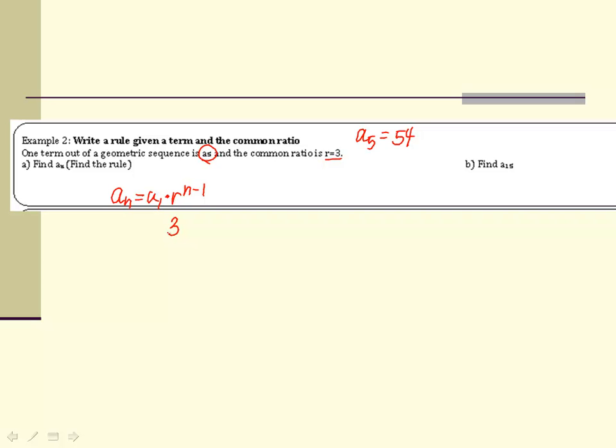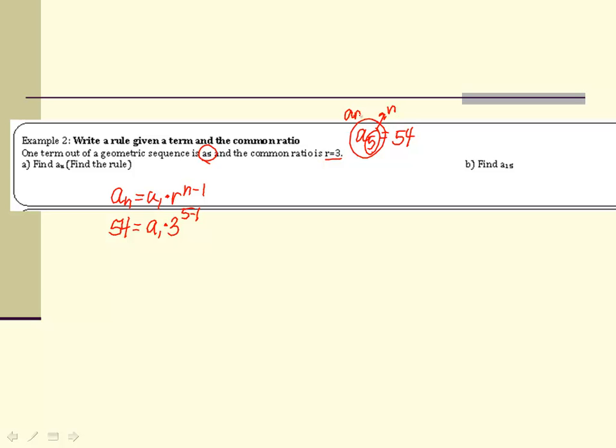I also know 54 is my fifth term, so I'm going to put 54 equals. I don't know my first term, but I do know that the fifth term, so this is n, is 54, so 5 minus 1 goes in the exponent. And again, this gives you your n, this gives you your whole a sub n. So it's kind of a filling in the blank type idea.